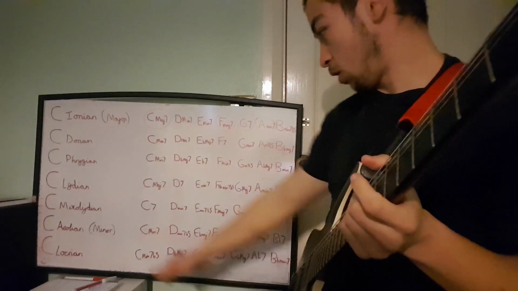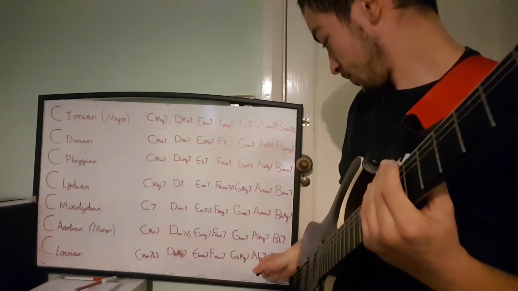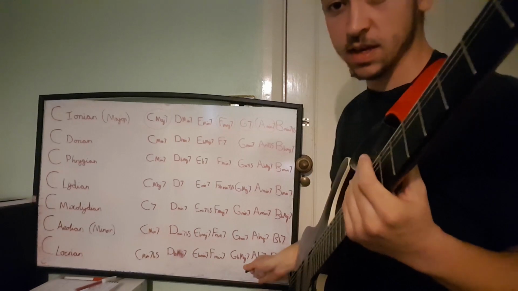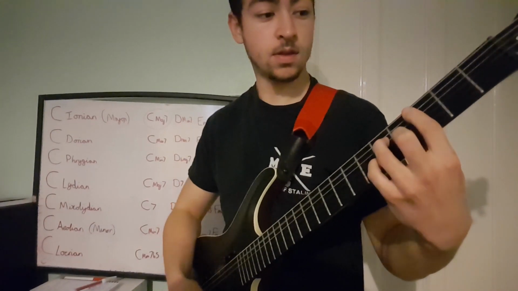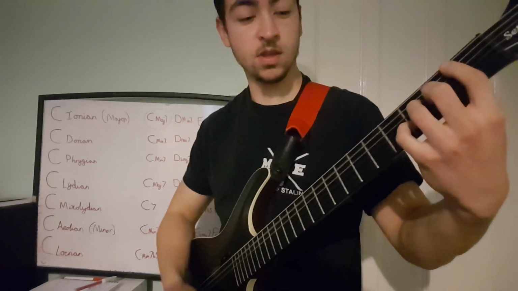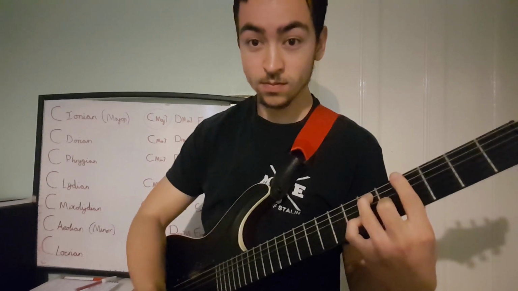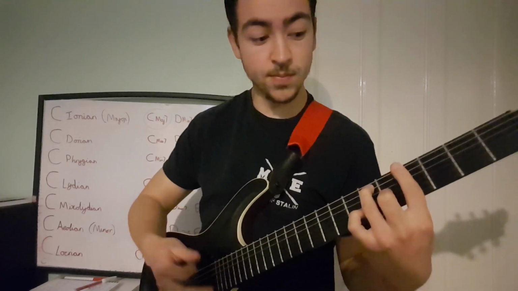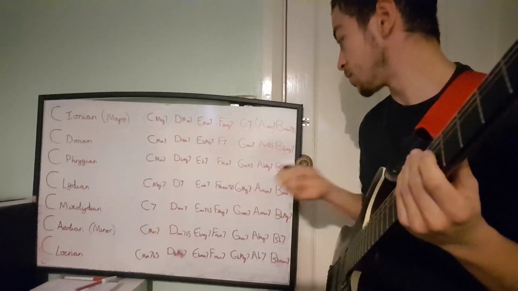And I'm going to add a Locrian chord. So I'm going to borrow a chord from Locrian, and I'll take the A flat 7 here, and I'll add that in the end. So hear that? So you can use it with different modes if you need to.